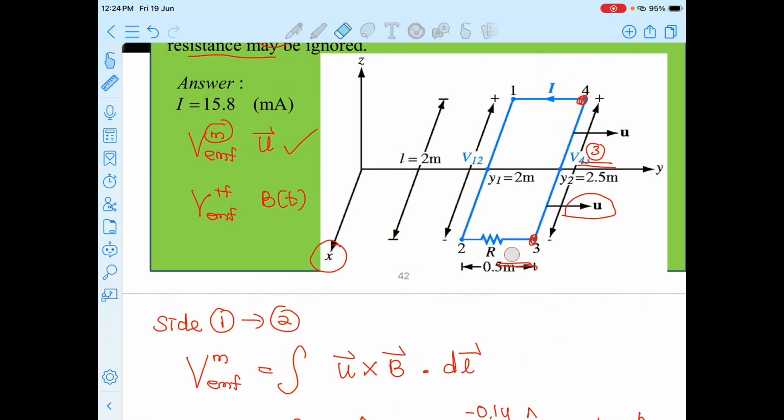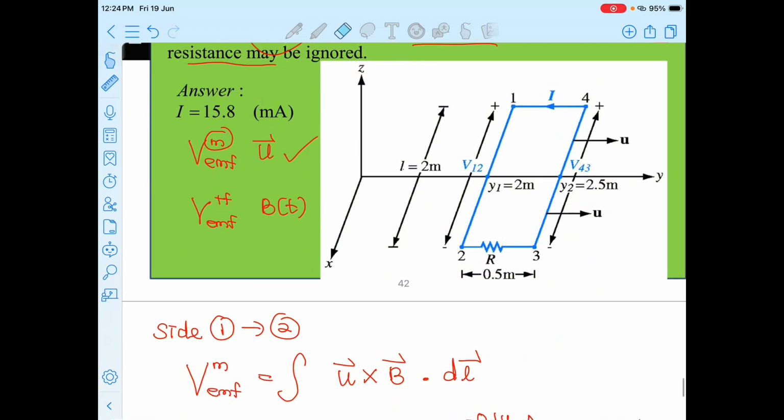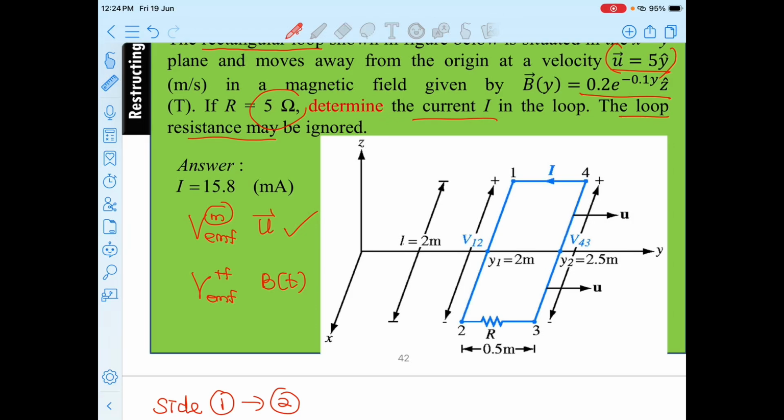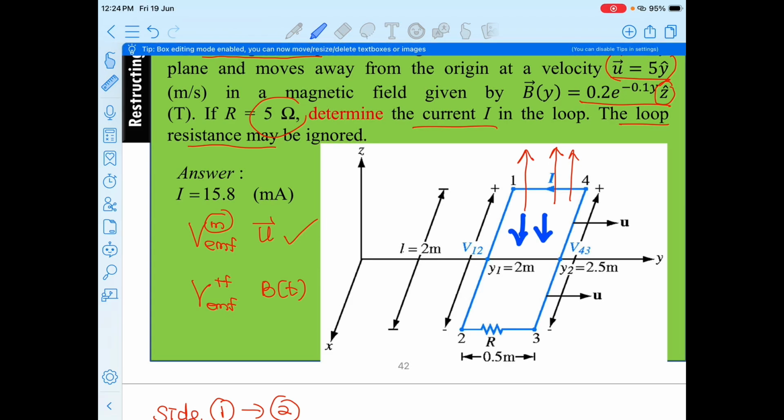The magnetic field is going up, so the current generated in the loop will generate another magnetic field opposed to the original one, in the negative z direction.